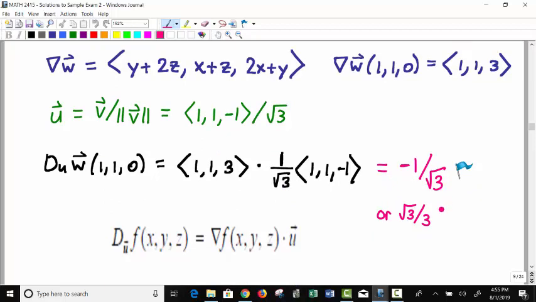But there's a mistake here. That should be negative root 3 over 3. I rationalized the denominator, but I forgot to change the sign. Just in case answer choices look that way, they might be rationalized.